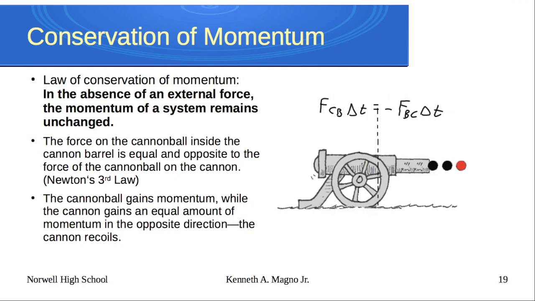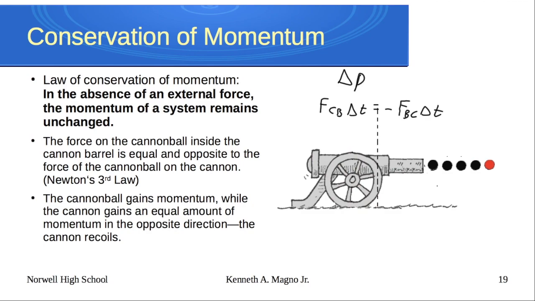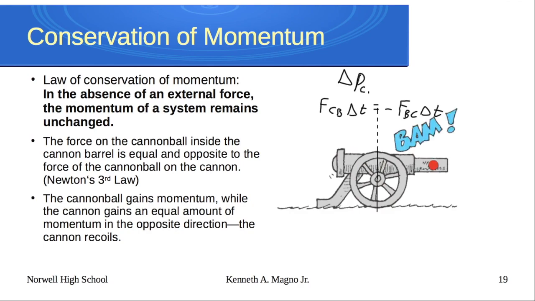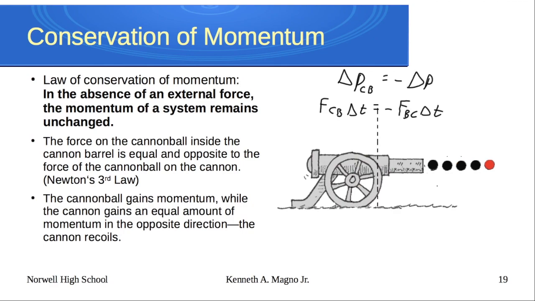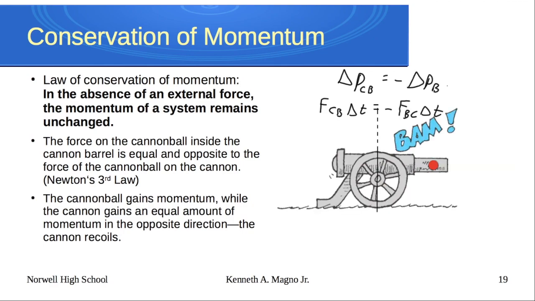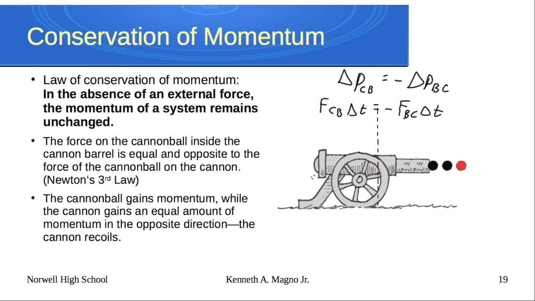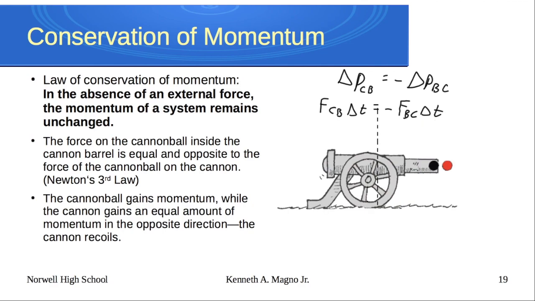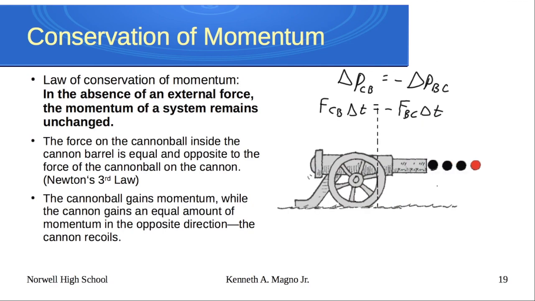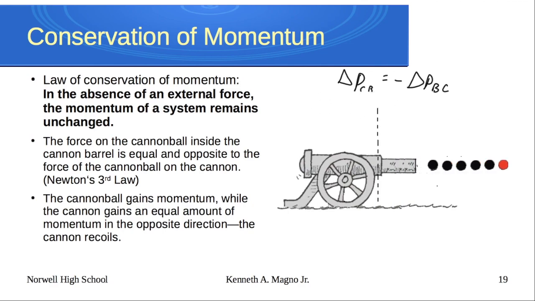But the other way to think of this is it's delta p. So the delta p on the cannon from the ball is equal to but opposite the delta p from the ball on the cannon, okay? So you start to understand why they have to have the same change in momentum. But what's different for both is the mass and the change in velocity.